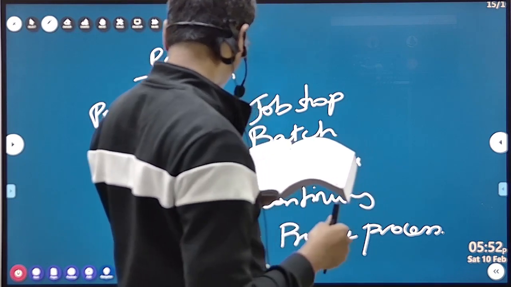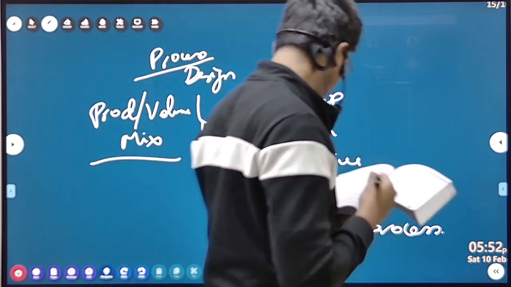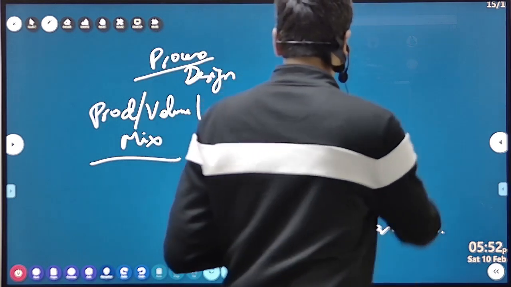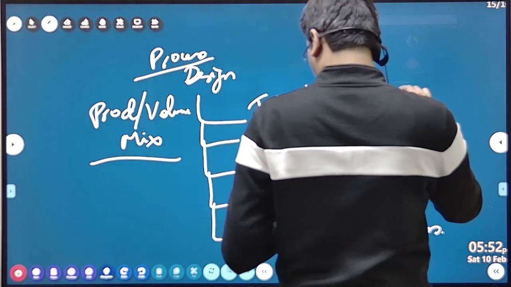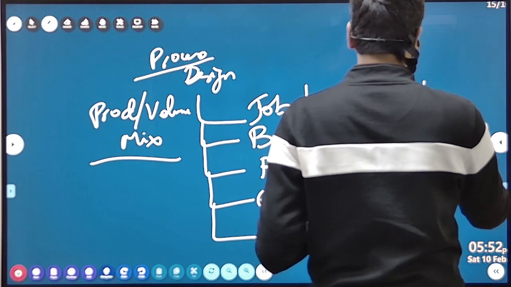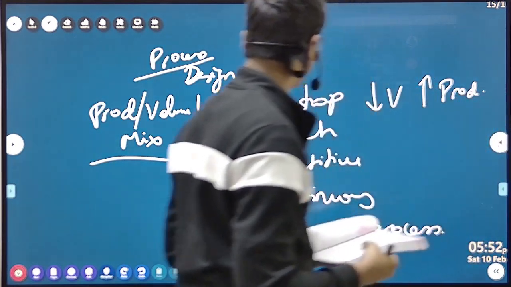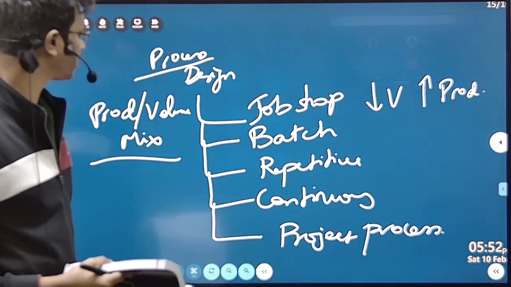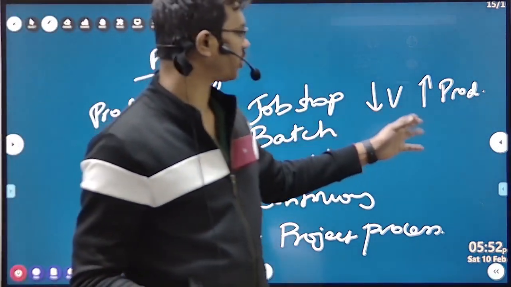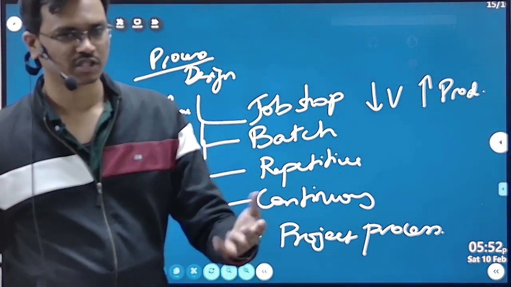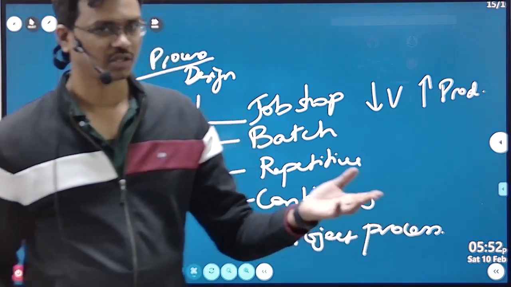Coming to job shop, this is nothing but a very low volume of goods, but a high variety of products. Say you're a furniture shop, so you have a very low volume, say 2 tables, 3 cupboards.